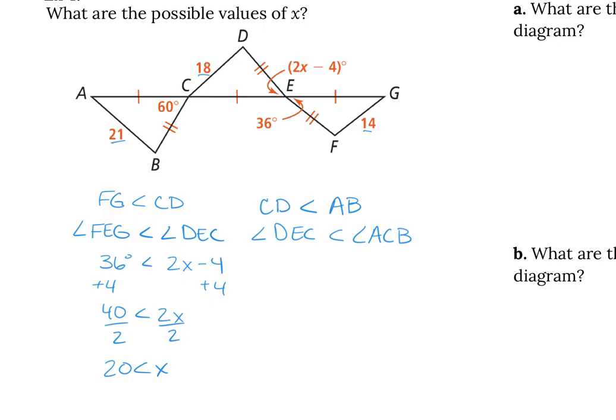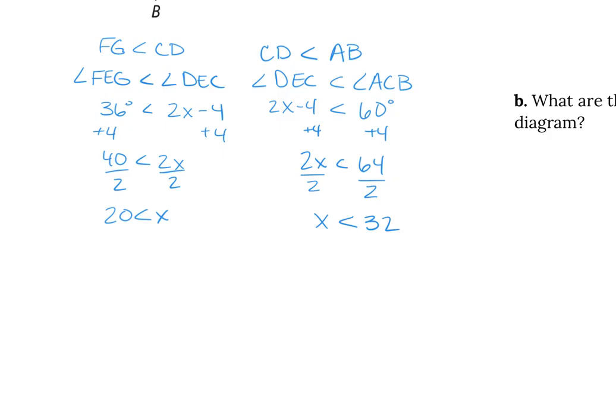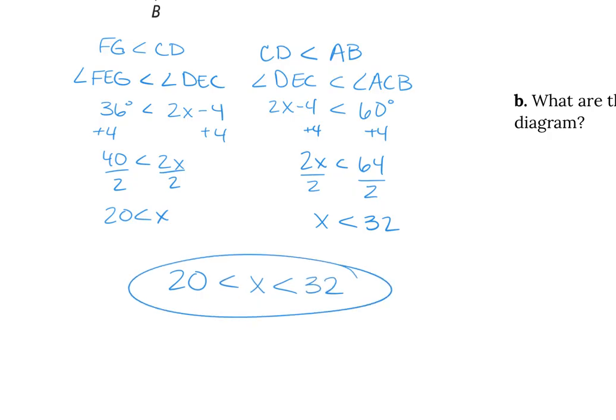I know DCE is the 2x minus 4, and my ACB is 60 degrees. Now I'll solve for x. So x would be less than 32. Put all of these together, so 20 is less than x, and x is less than 32. So that means my x has to be somewhere between 20 and 32.